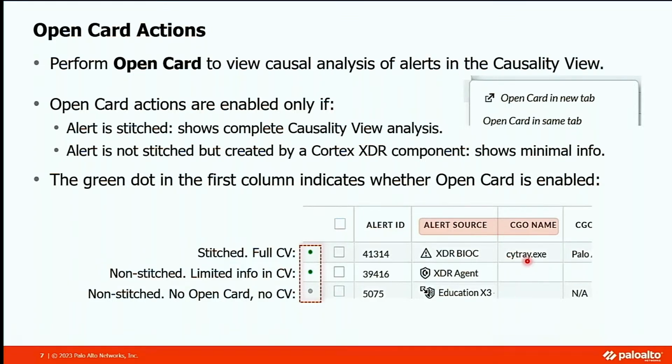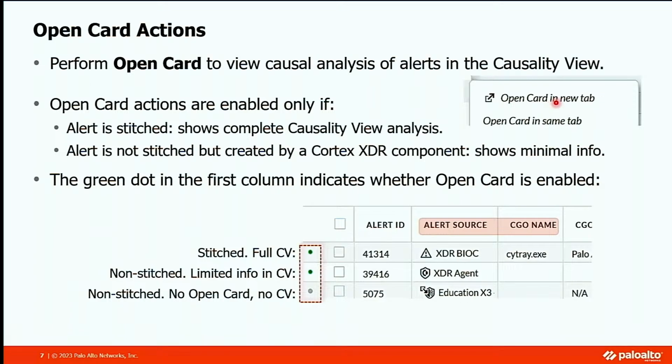These two are non-stitched. Also, we see to the left of the alerts, a green dot or a gray dot. Green dot indicates that when you do a right click, we have the option to open card. You can use a new tab. I prefer a new tab, or in the same tab you're using now. So that's all green dot means.